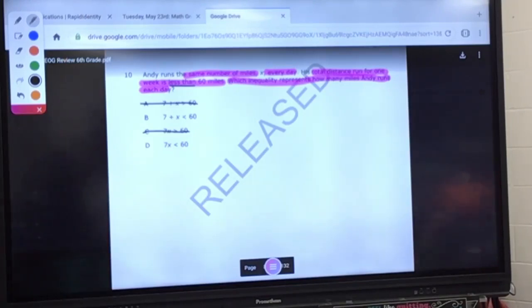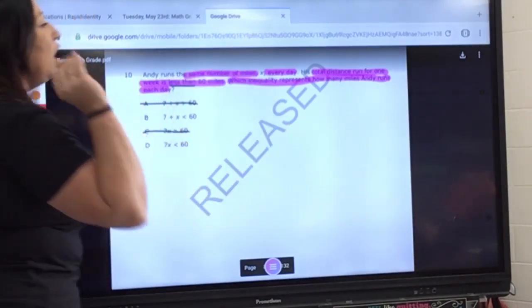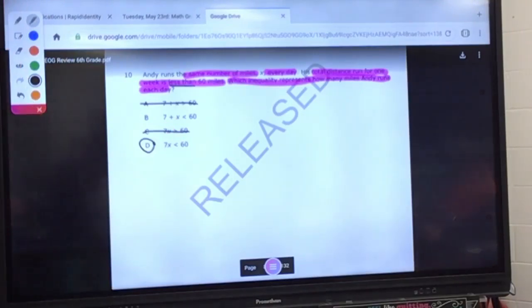In the full week, which was 7 days, we ran the same number of miles. So it would be 7 times the number of miles we ran each day. Perfect. So because in here when it says same number each day in the week, we know that we are multiplying that same number by 7.